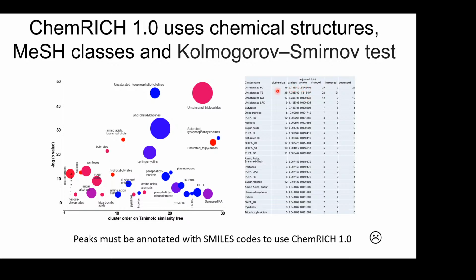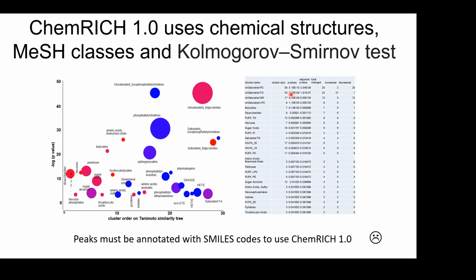So for unsaturated TG, you get a set level p-value that can be adjusted further for multiple hypothesis testing, because we get around 70 to 80 metabolite sets for today's metabolomics data sets.